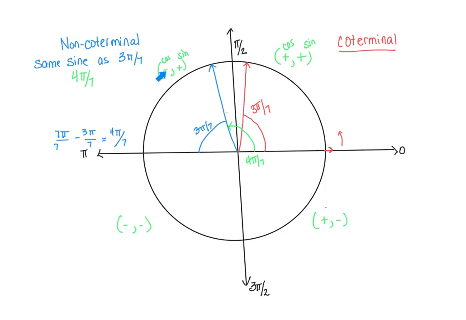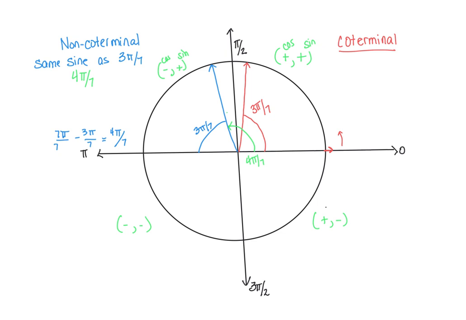So if we look at question 4, a non-coterminal angle that has the same cosine value as 3 pi over 7, well, it can't be in the second quadrant because my cosine is negative here. It can't be in the third quadrant, so I can't do a 3 pi over 7 here because that's also negative. I have to then do an angle that is 3 pi over 7 away from this x-axis right here, because this would give me a positive cosine.